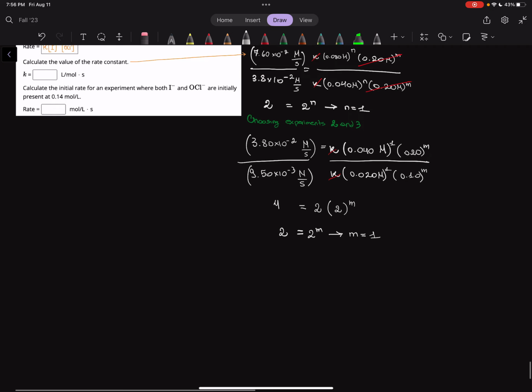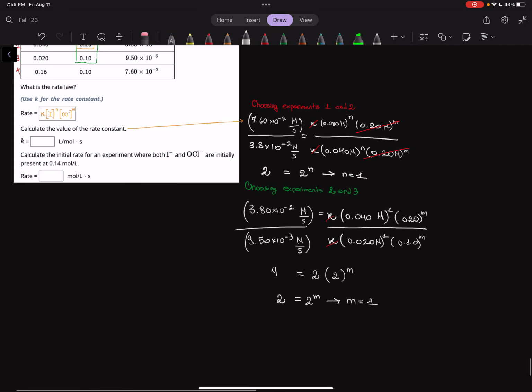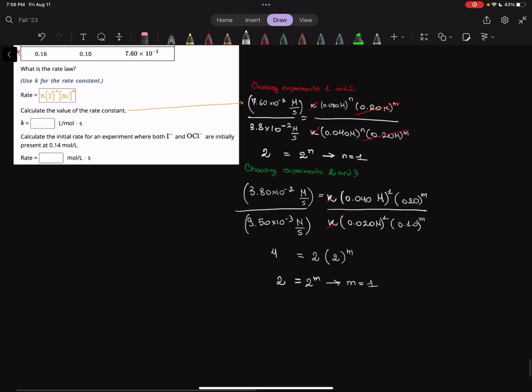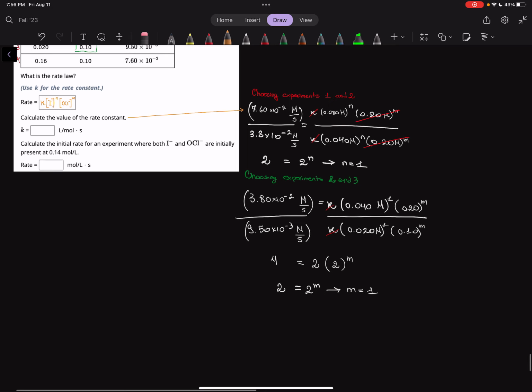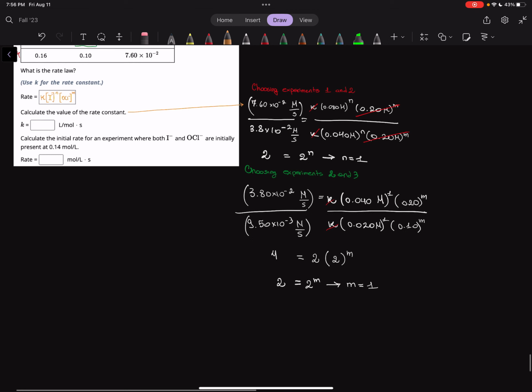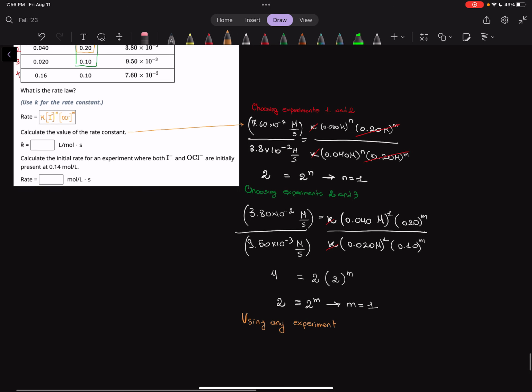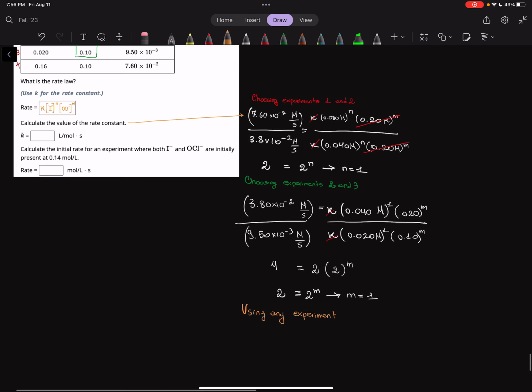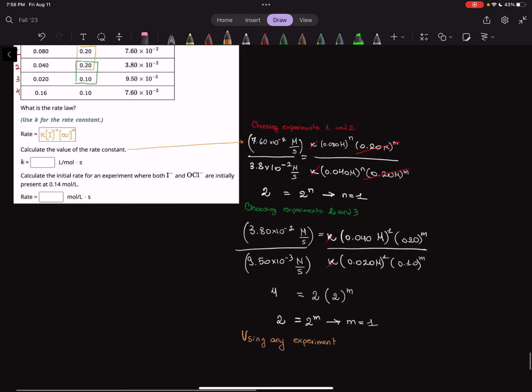And so now that we have that, we can use any of these. So I'll use experiment 4. So using any experiment, right? Calculate the value of the rate constant. Let's say we use the first one.